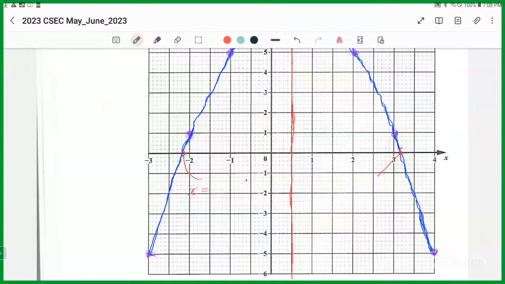X equals negative 2.2. This one is 3.2. X equals 3.2. Got a root. Another root. My question is I use the graph.